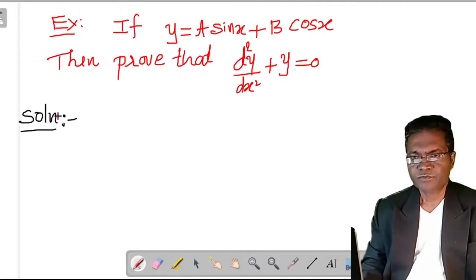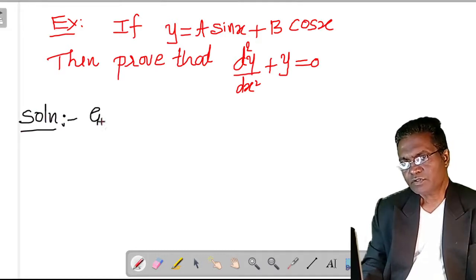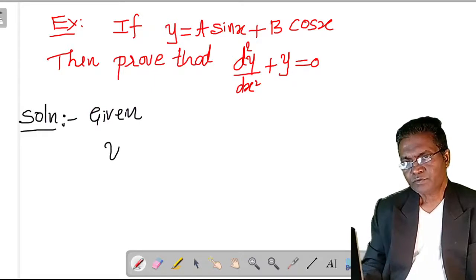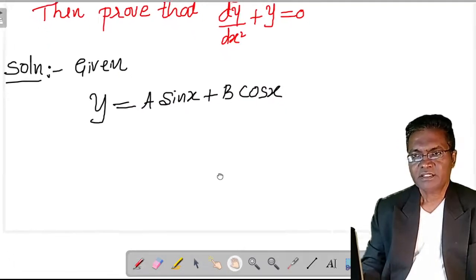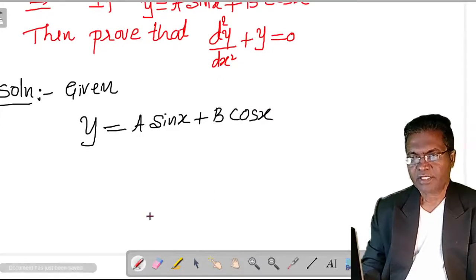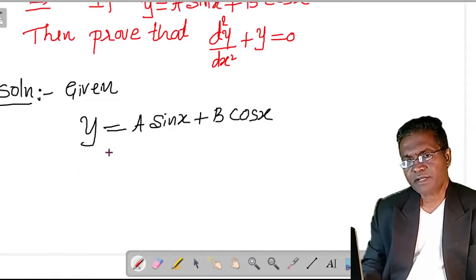So you are given y is equal to a sin x plus b cos x. Differentiate with respect to x.